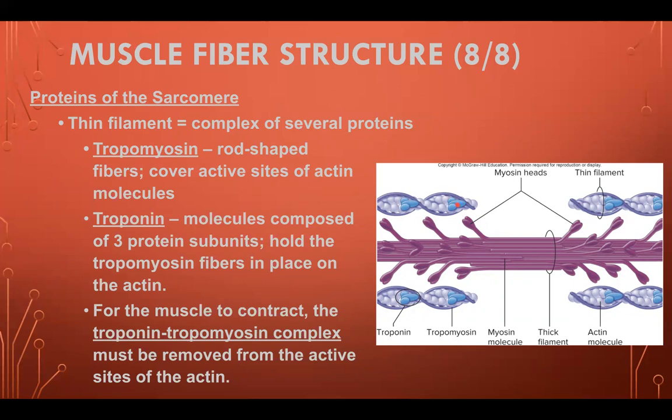You can almost think of the tropomyosin as a door that blocks the way. The troponin is like a lock. And what we will see later is that calcium is going to be the key that unlocks the troponin. So we've got our door, we've got our lock, and during rest, when our muscle fiber is not activated, these are locked in place.